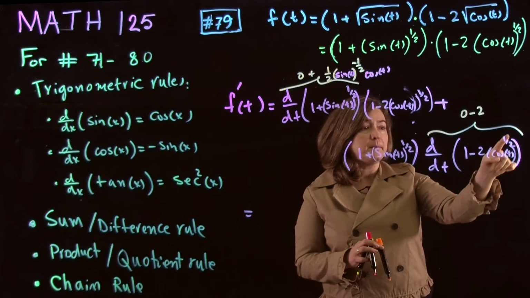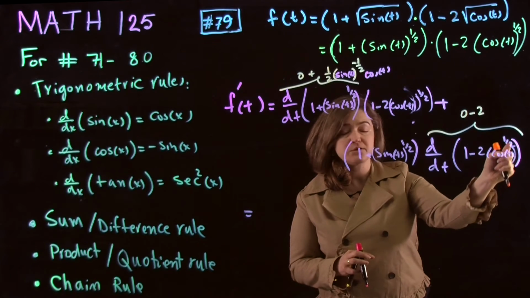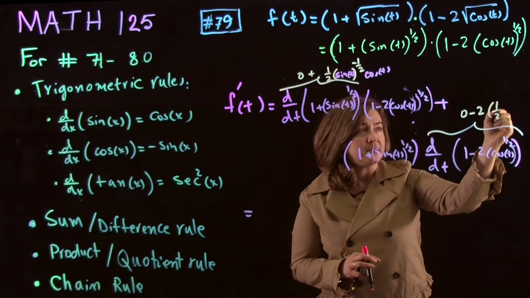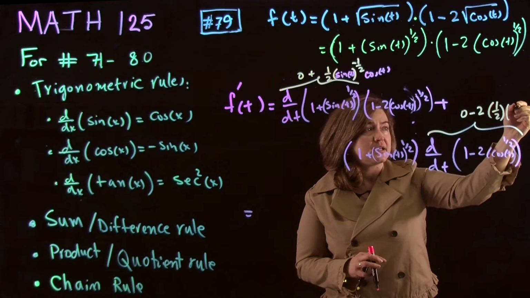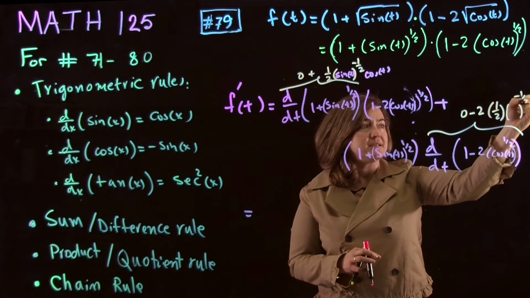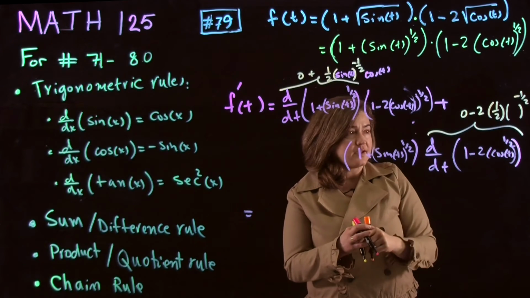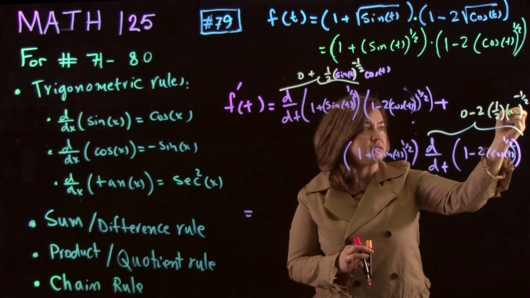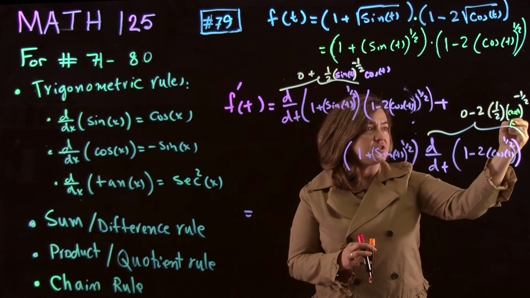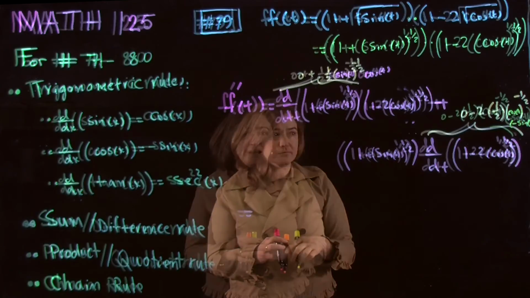The outside function is to power 1/2, so 1/2 times the inside function to power 1 less, times the derivative of the inside function. The inside function is cosine of t, times the derivative of the inside function, which is negative sine of t.